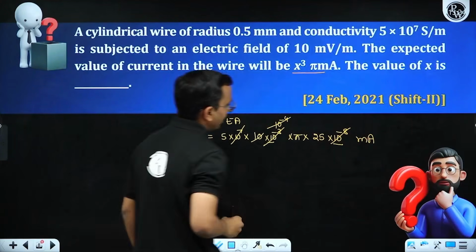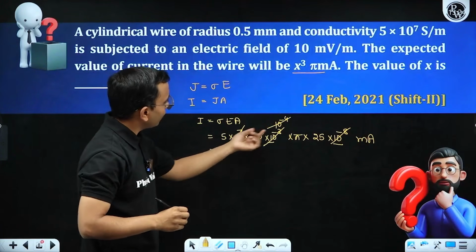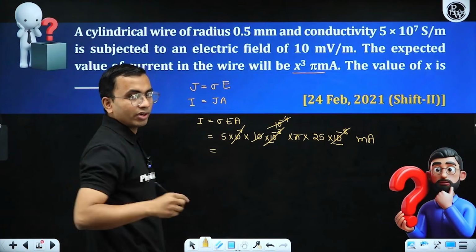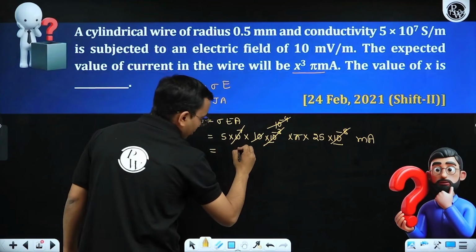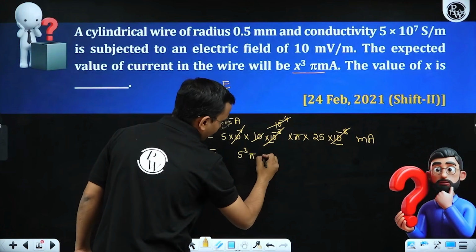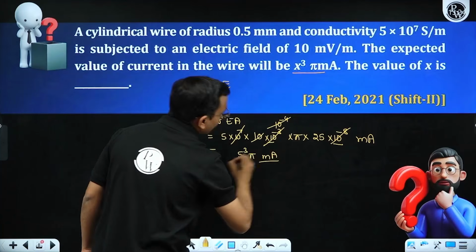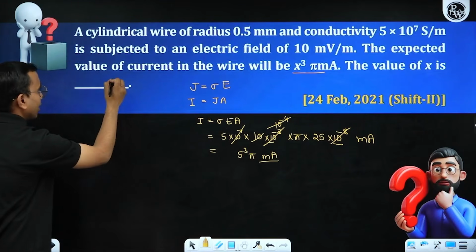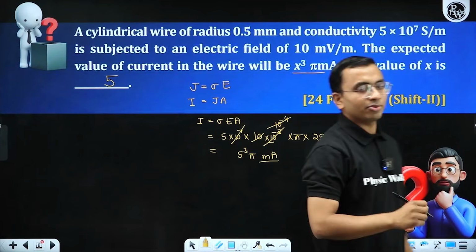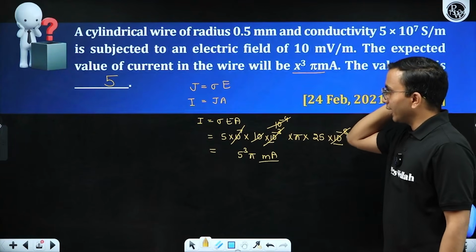Let me say this is milliampere, and this is 5 into 25 into pi. 5 into 25 is 125, that is basically 5 cube. So this is 5 cube into pi milliampere. And what is x from there? x becomes 5.